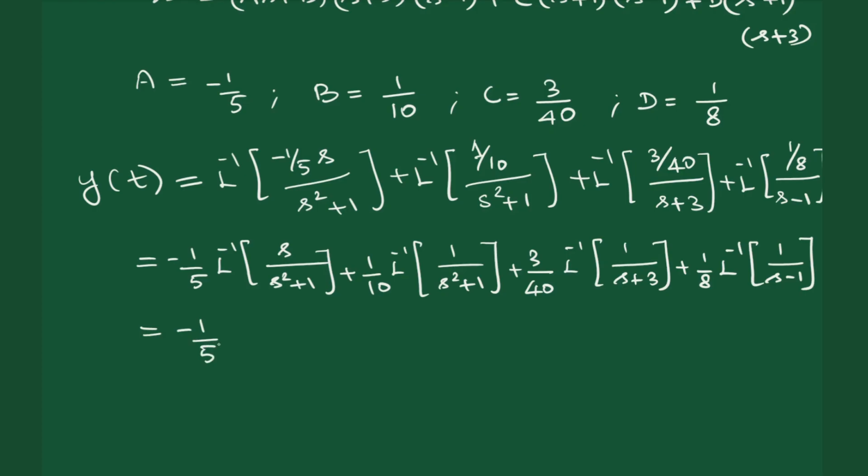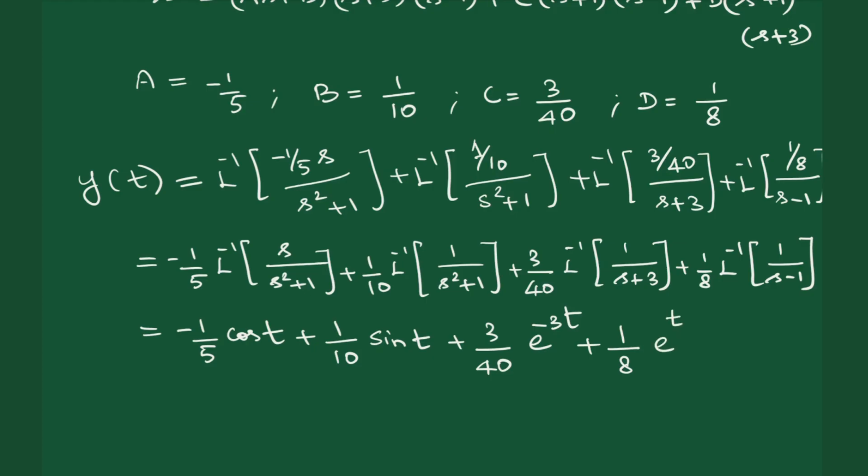So minus 1 by 5 into what is L inverse of s by (s square plus 1)? It is cos t. Plus 1 by 10 into what is L inverse of 1 by (s square plus 1)? It is sin t. Plus 3 by 40 into L inverse of 1 by (s plus 3), which can be written as e to the power minus 3t, plus 1 by 8 into L inverse of 1 by (s minus 1), which can be written as e to the power t. So finally, this is the required solution to the given differential equation.